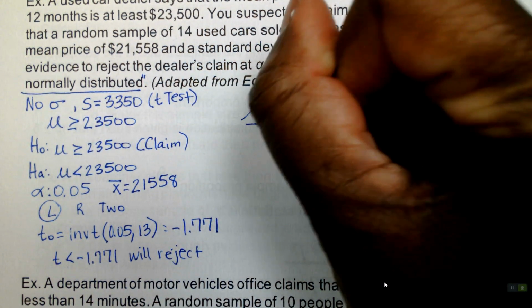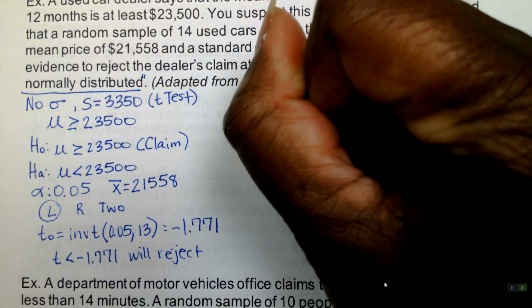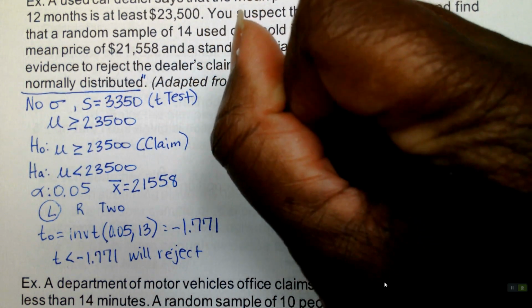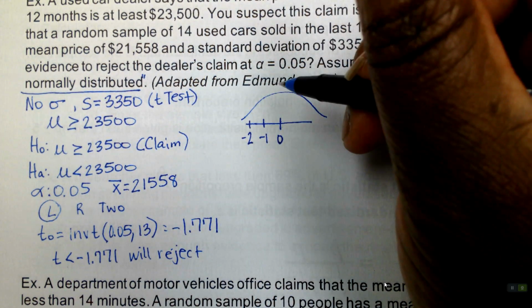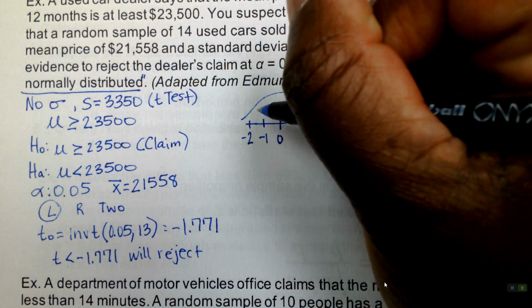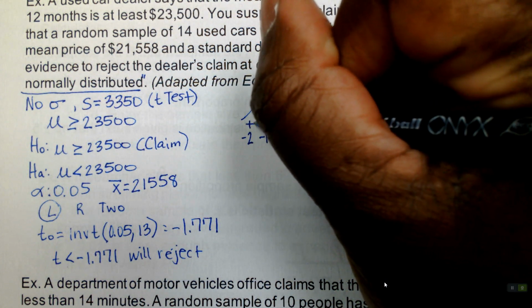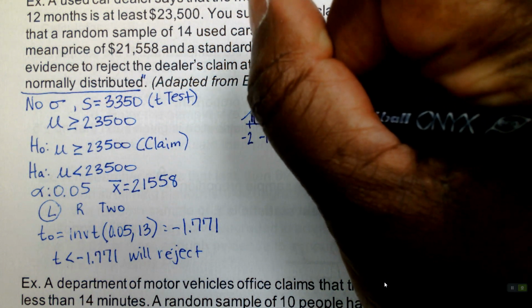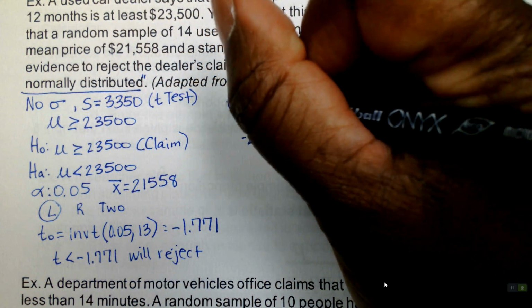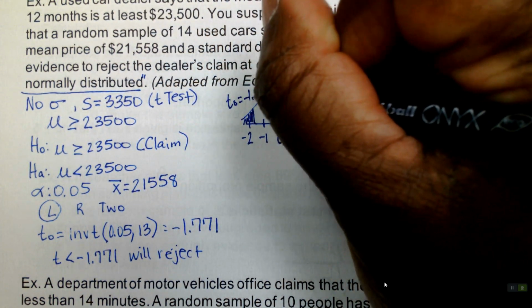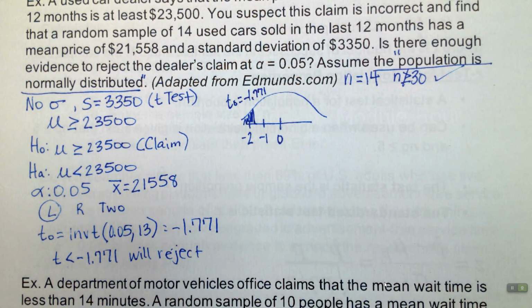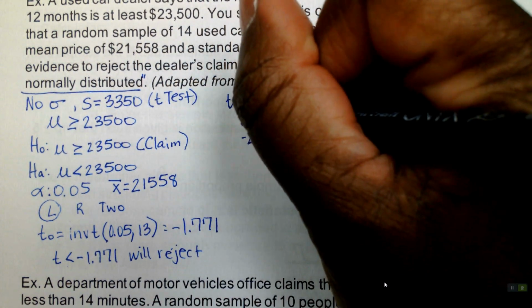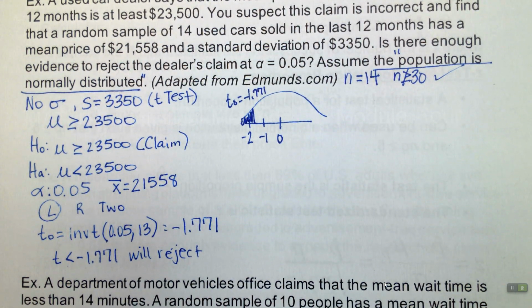Or you can draw your graph. I like to draw negative 1.771. It's like right here. So any t that falls in the shaded area will reject.